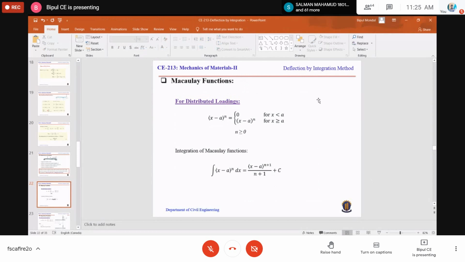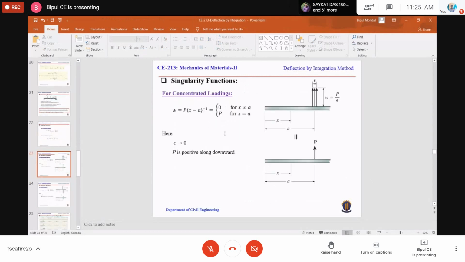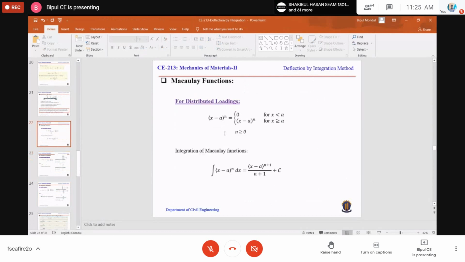Then this one is known as the Macaulay function, and singularity function. Singularity is actually applicable for distributed loading. If the structure is subjected to distributed loading, then we will assume this equation. This equation is for distributed loading.